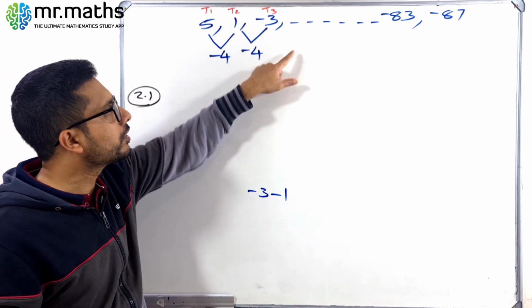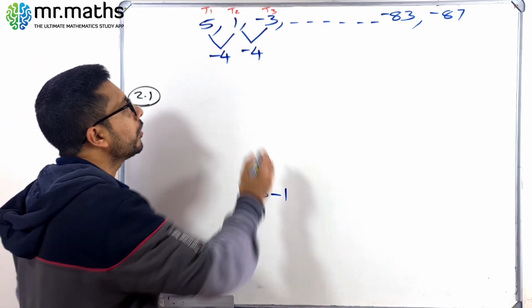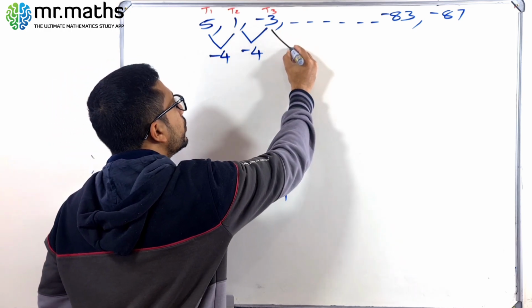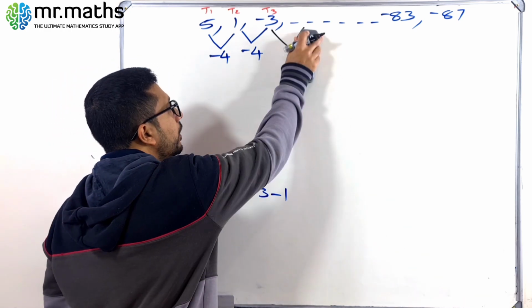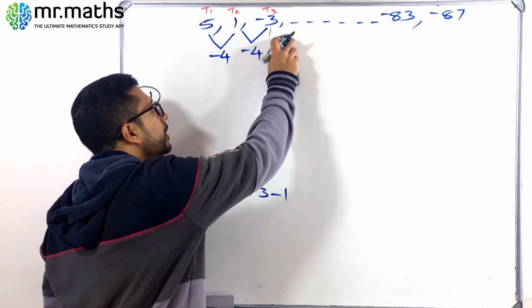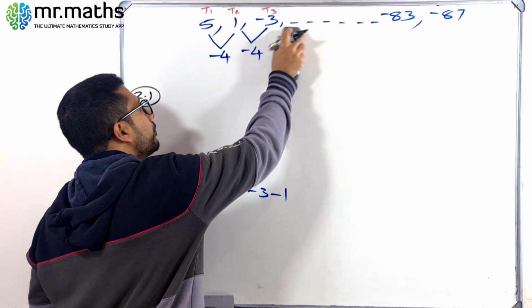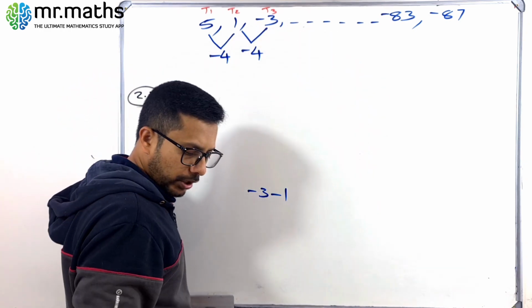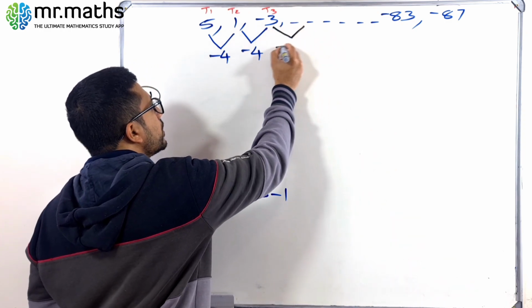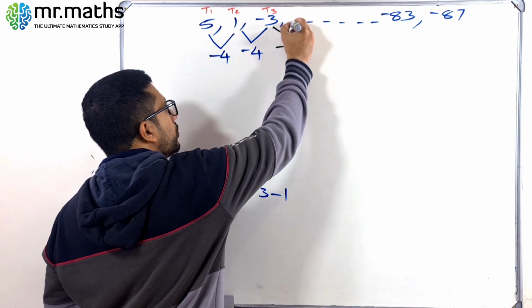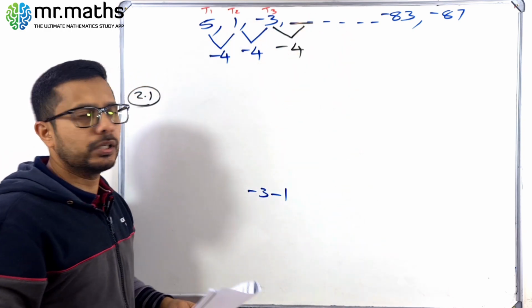So what is the next term? Here you know that the common difference is going to be minus 4, because this is an arithmetic sequence. That means the common differences are the same. So how can I find this term?